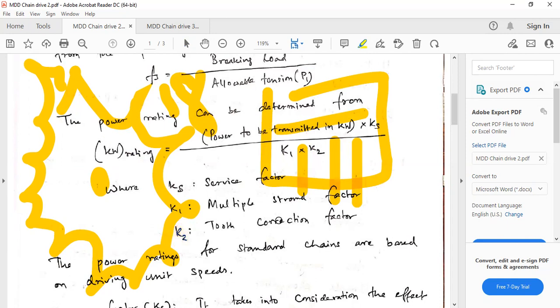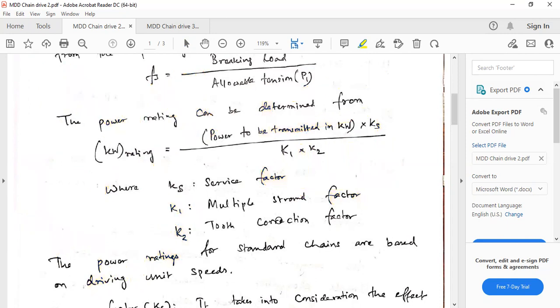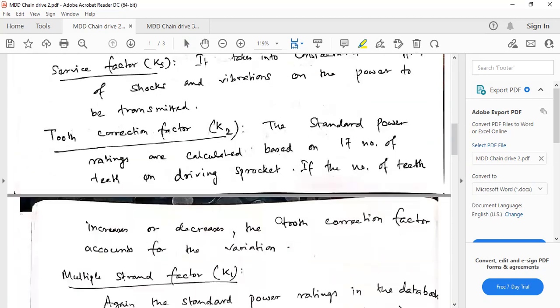K2 is called the tooth correction factor. Whenever the number of teeth is not 17, more or less than 17, you see, the standard power ratings are totally based on 17 teeth on the driving sprocket. The sprocket should have an odd number of teeth so that an even number of chain links can fit, that's why generally odd numbers.